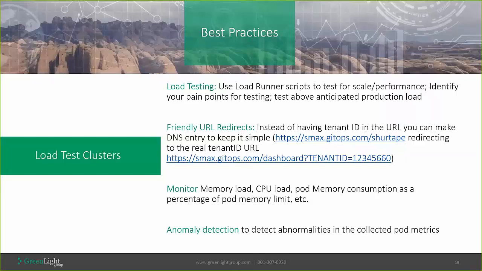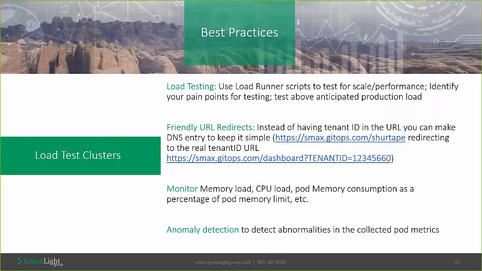And then for pod memory consumption as a percentage of pod memory limit, that's really key. There can be some crashing that can occur on certain pods if they start consuming too much memory. Weird things can happen in the cluster. So that's something very important to monitor, is how much memory your pods are using.